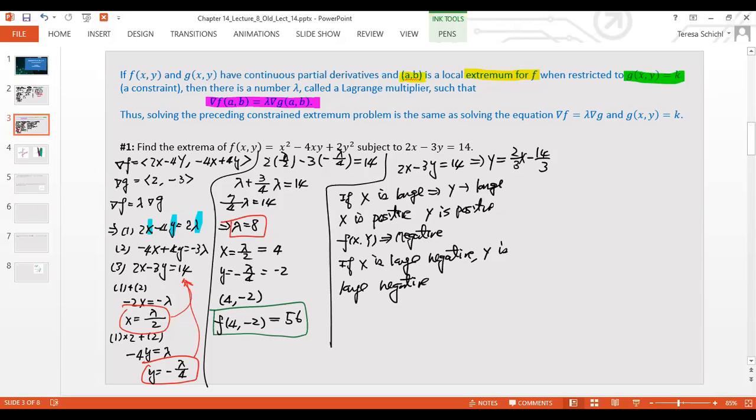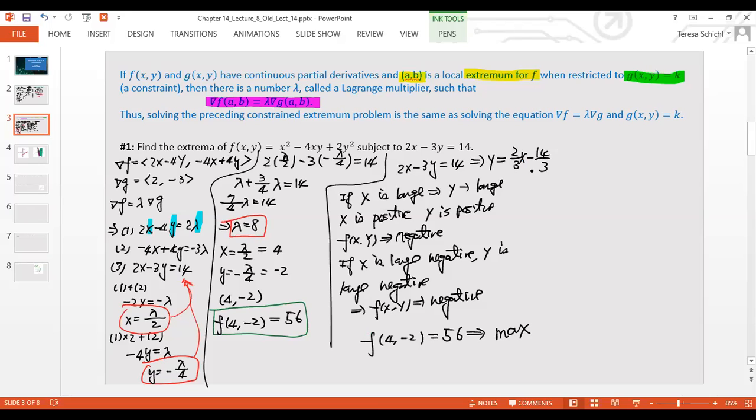So that means f of x, y is also going to have a negative number. That's why I know that 56, at 4 and negative 2, is the maximum number here.